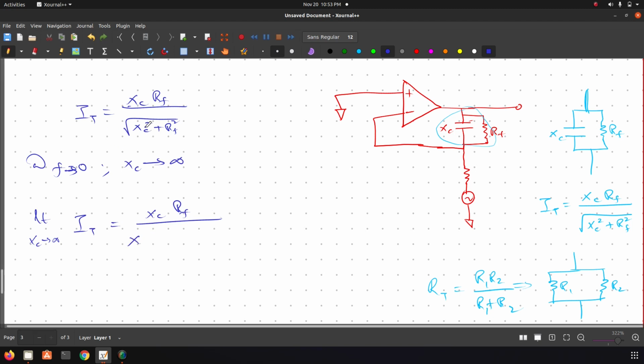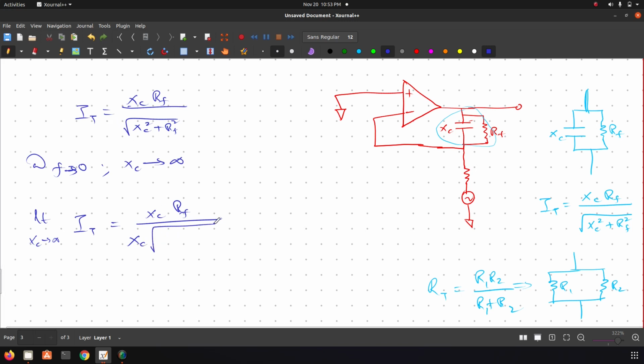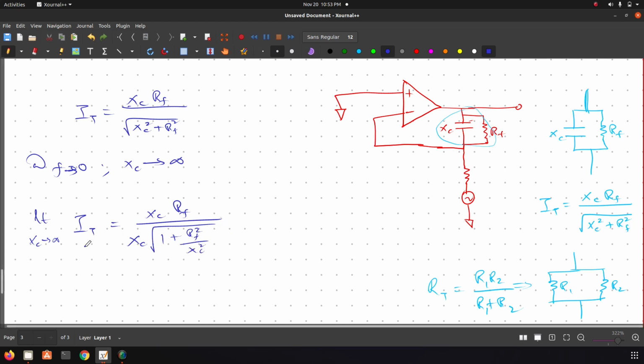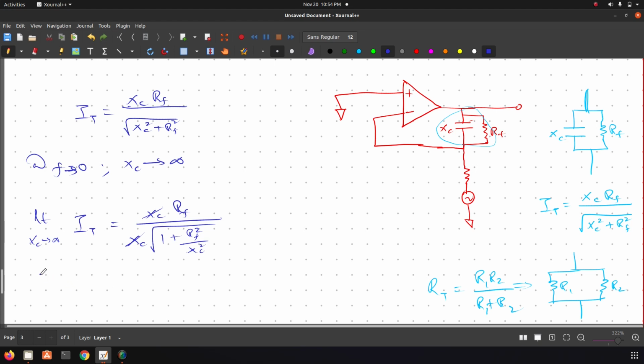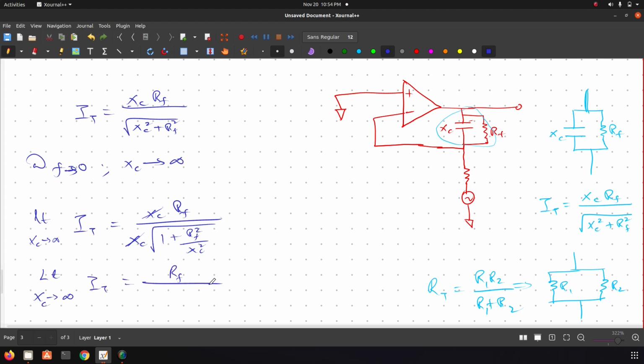If we take this XC square out of the root, we have XC root of 1 plus RF square divided by XC square. So this XC and this XC cancel out, and we have limit XC tends to infinity, IT equals RF divided by root of 1 plus RF square divided by XC square.